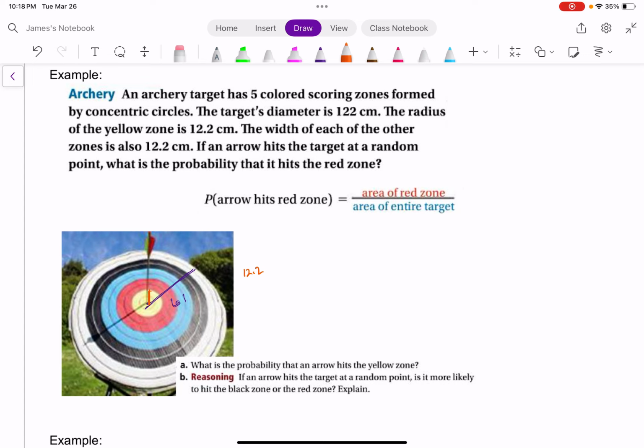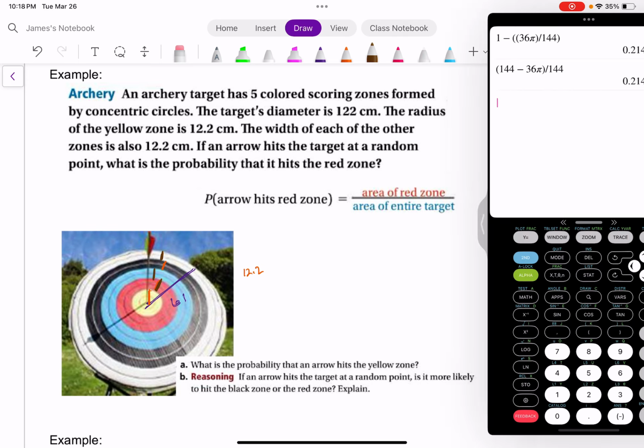So this zone right here, when it says width of the other zones, that distance right there is 12.2. That distance is 12.2. That distance is 12.2. And then that distance is 12.2.